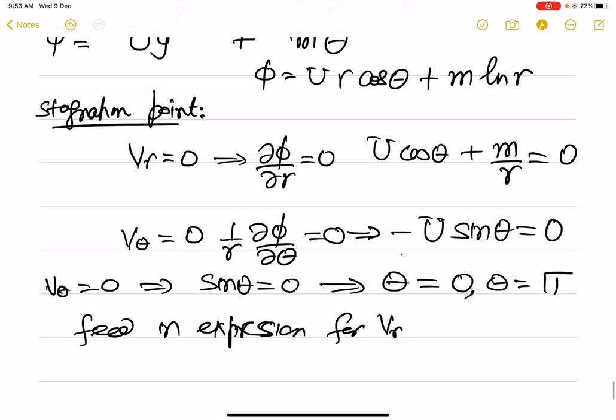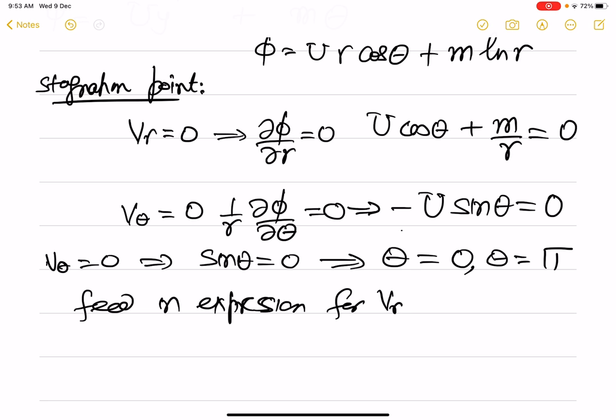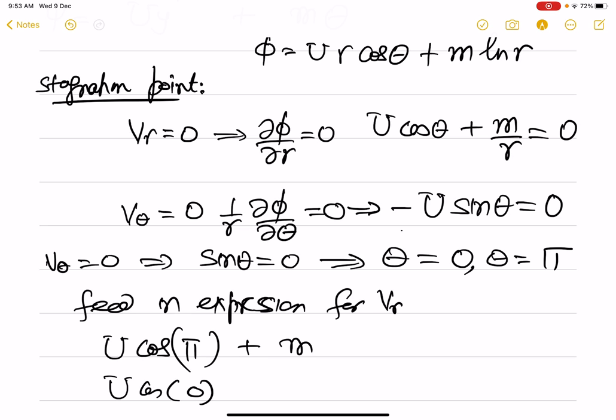Now we put this in the expression for Vr. So therefore we will get u cosine of pi or cosine of 0, so there will be two equations, plus m log r is equal to 0.